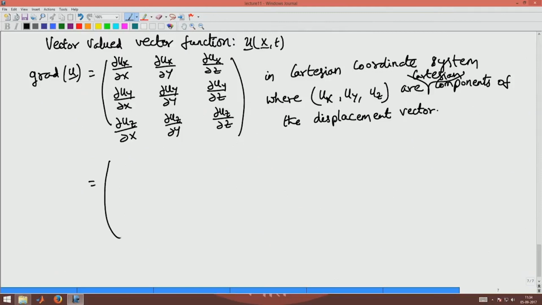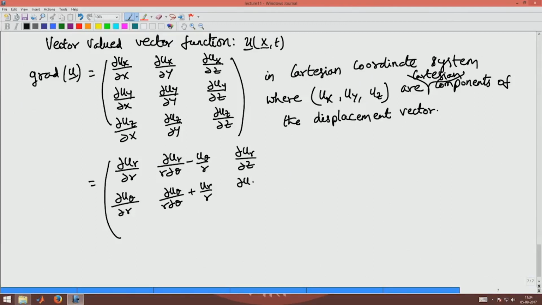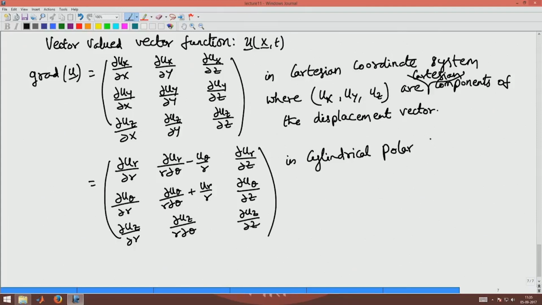Okay. The same grad u in cylindrical polar coordinates would be as shown, in the cylindrical polar coordinate system.